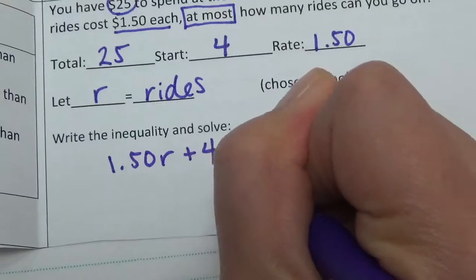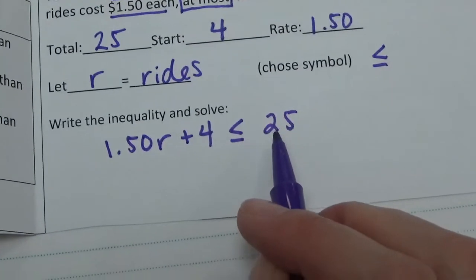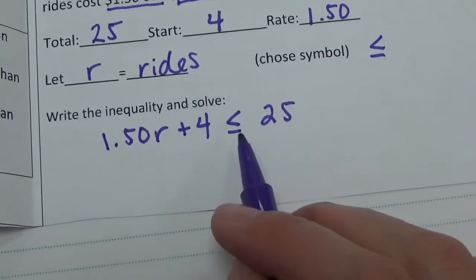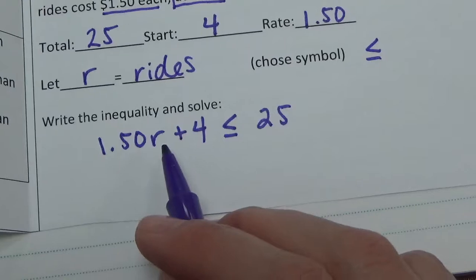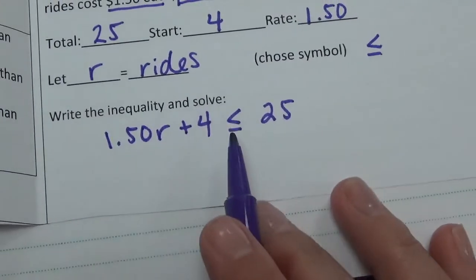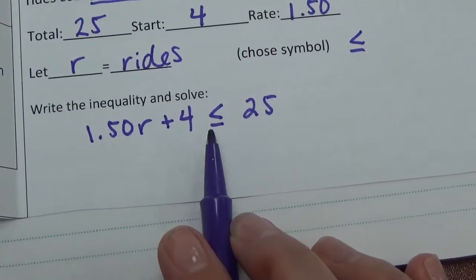It needs to be less than or equal to our total of 25. So it is the number of rides that is less than or equal to. So we need to make sure that rides is on the left-hand side if we're going to be very intentional and accurate with our writing.